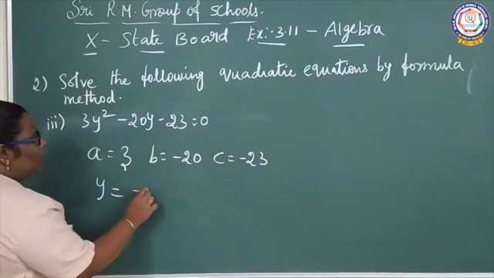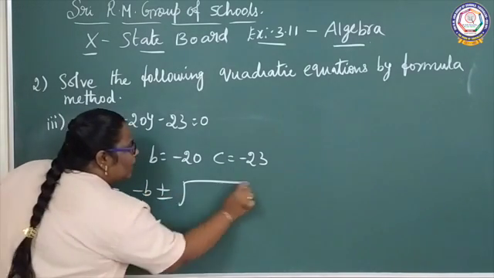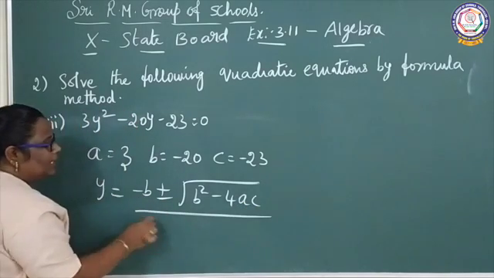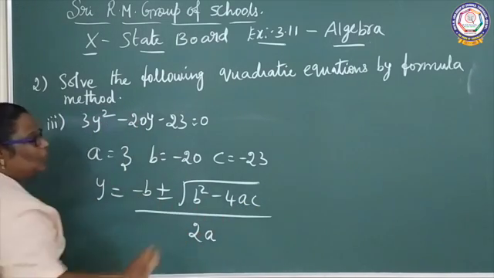y equal to minus b plus or minus root of b square minus 4ac by 2a.